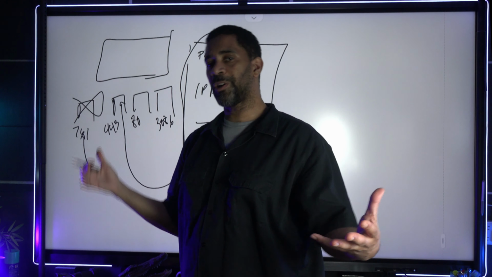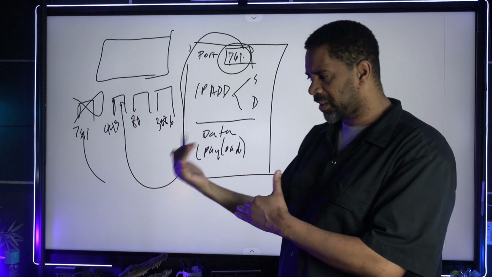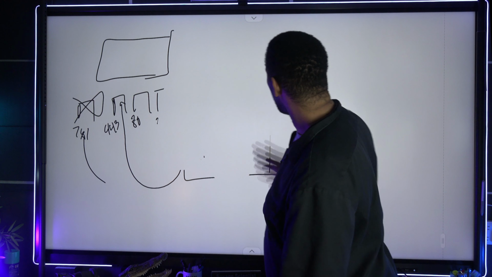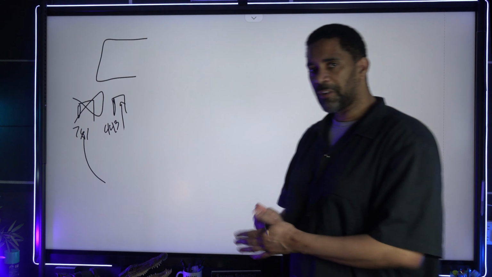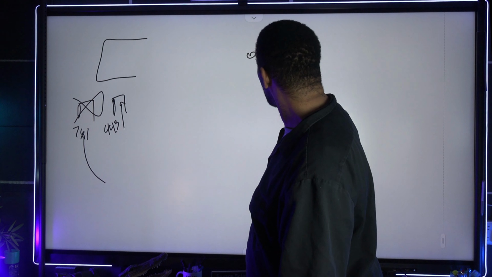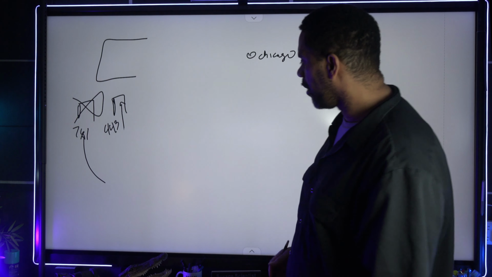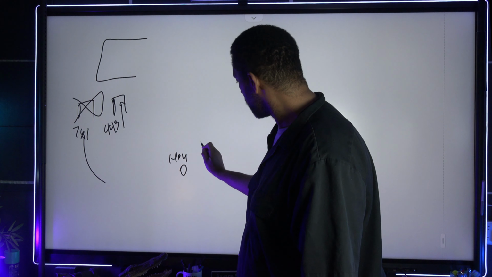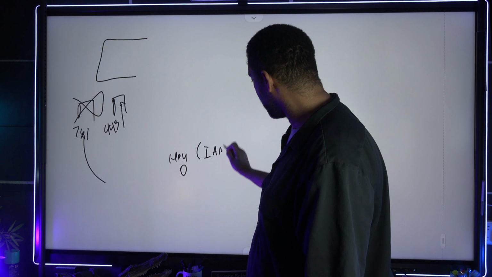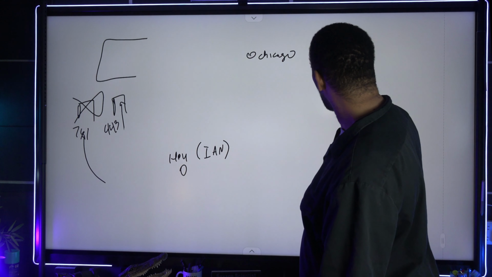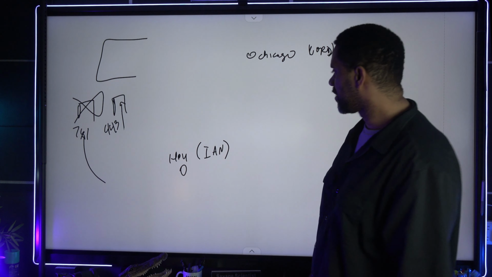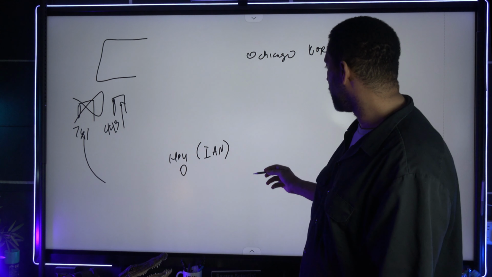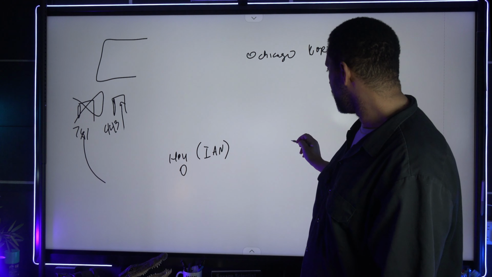So pretend like you're going to get a plane ticket. You're trying to fly from Chicago, and your destination might be Houston. That's IAH, and this will be ORD. So let's say you have a layover in New Orleans.